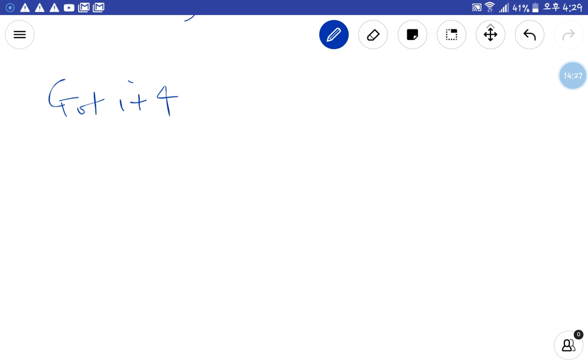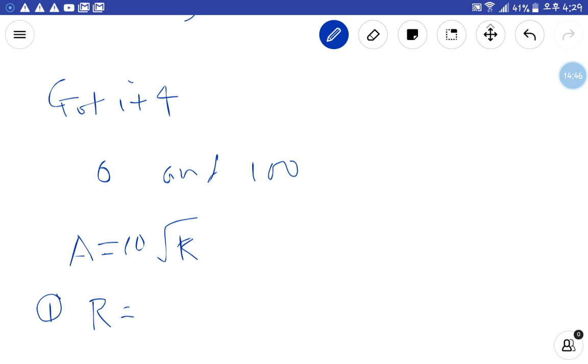Alright, Got It 4. In problem 4, what are the adjusted scores for raw scores of 0 and 100? I had the formula A equals 10 times radical R. So my first R equals 0, then what's going to happen? 10 times radical 0, which is 10 times 0.